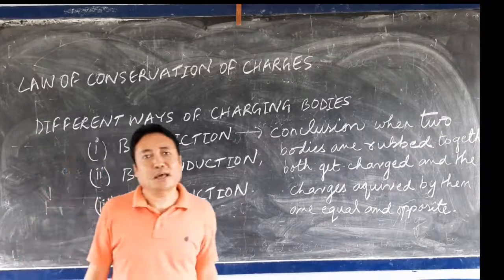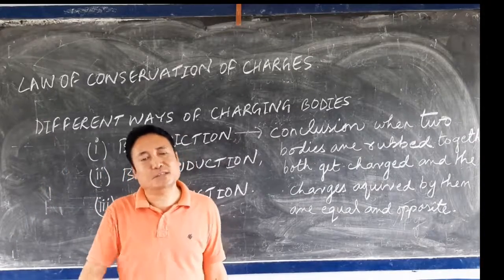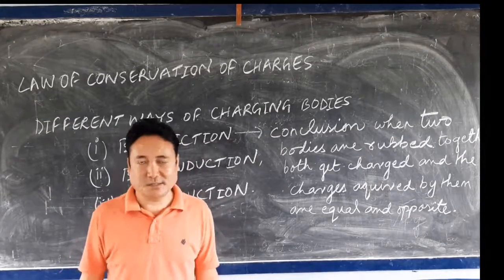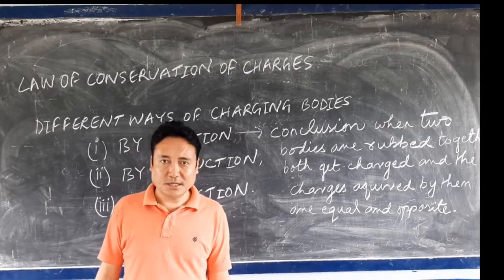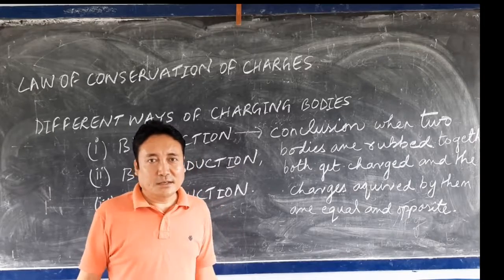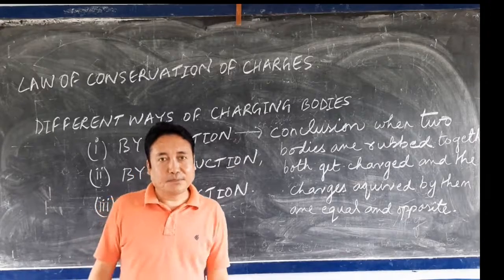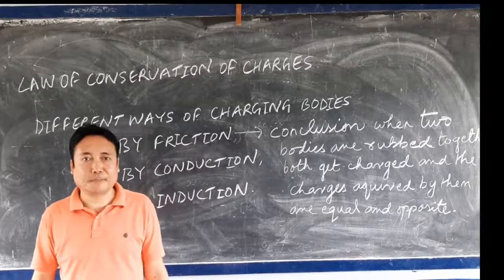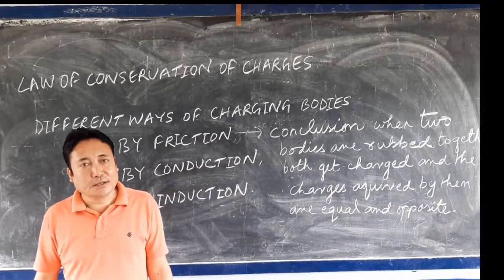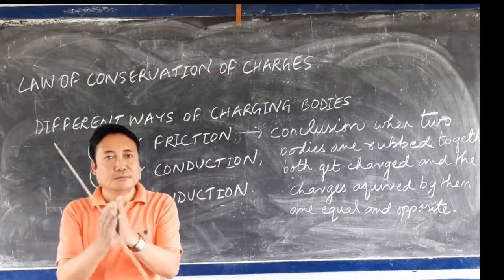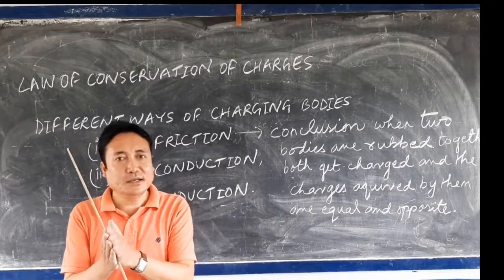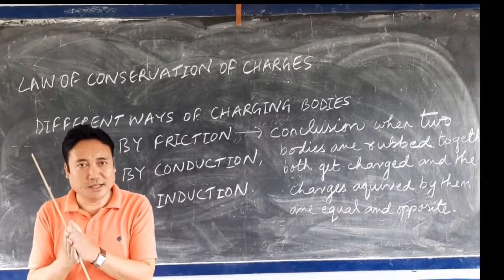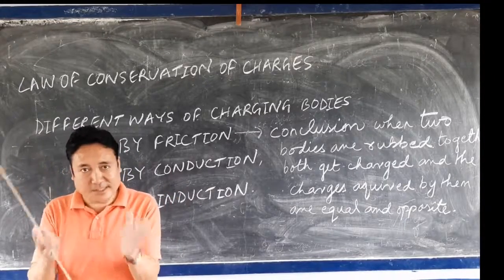But the question will arise here: if one body is charged, will the other body also get charged? For that, again you take two scales. Now you bring the two scales together and rub them together, not separately.